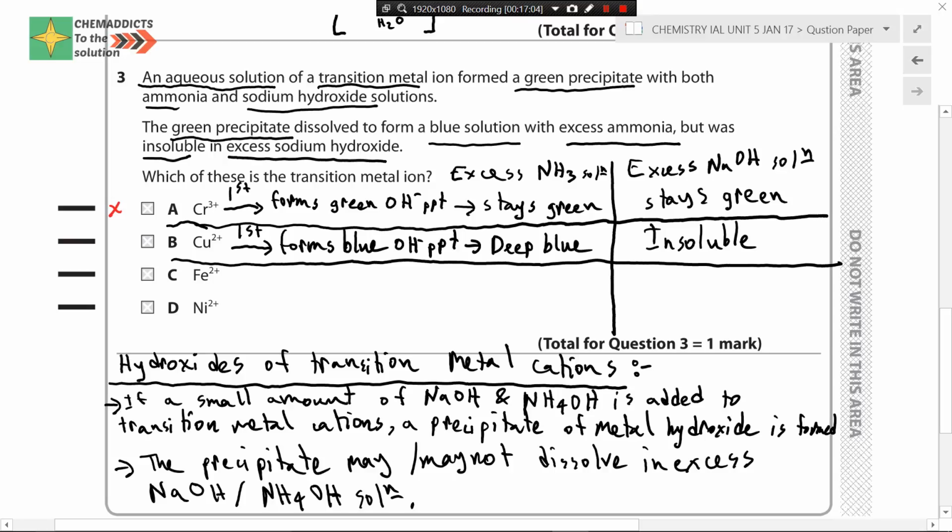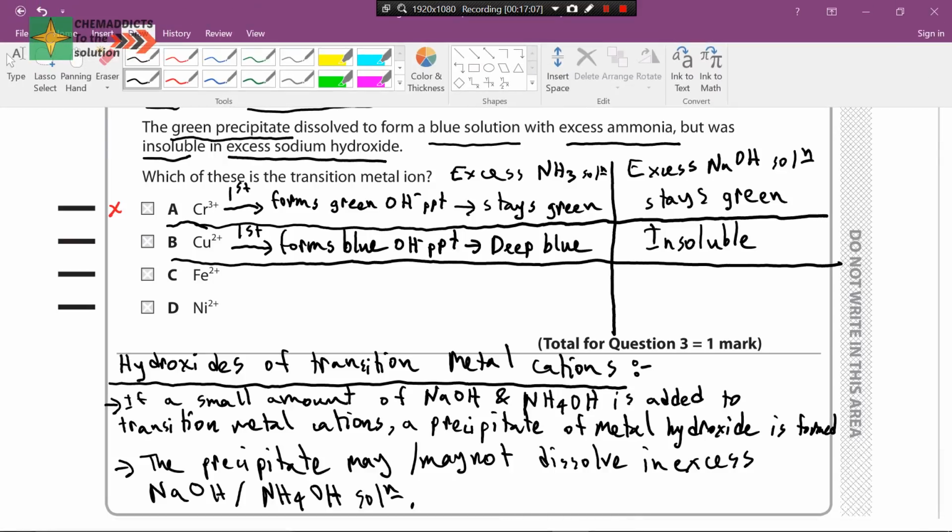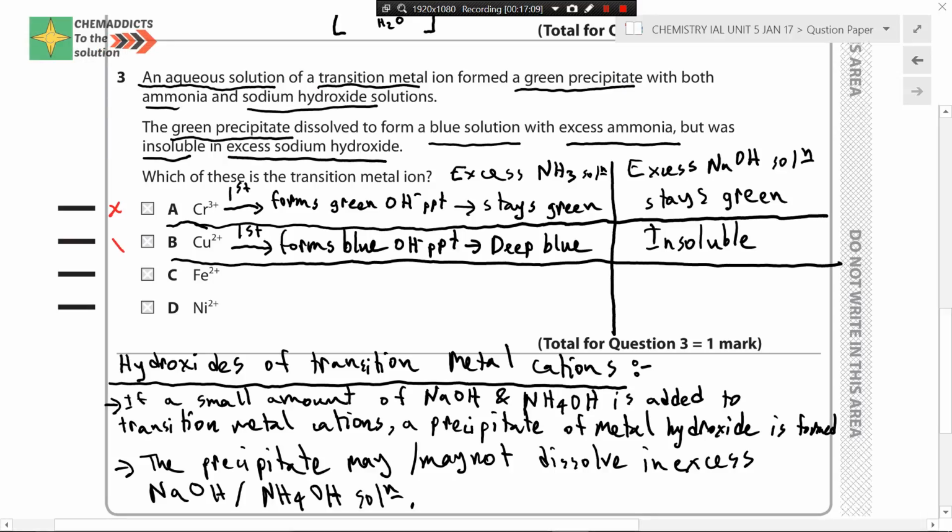Copper 2 plus ion will also not be the answer. So we are going to avoid copper 2 plus. Why are we avoiding copper 2 plus? That's because copper 2 plus first forms blue precipitate on adding both ammonia and sodium hydroxide solution.